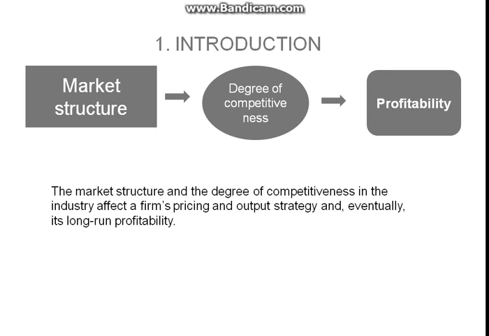That is basically the study of market structures, and then we see how they behave and how they get profit. Market structure and degree of competitiveness in the industry affect firms' pricing and output strategy, and eventually long-run profitability. This is a fact, not effect.